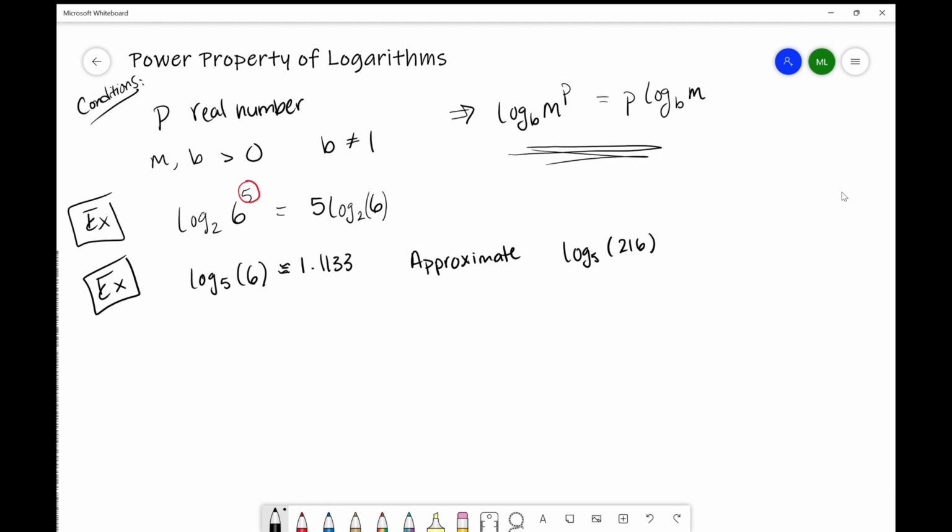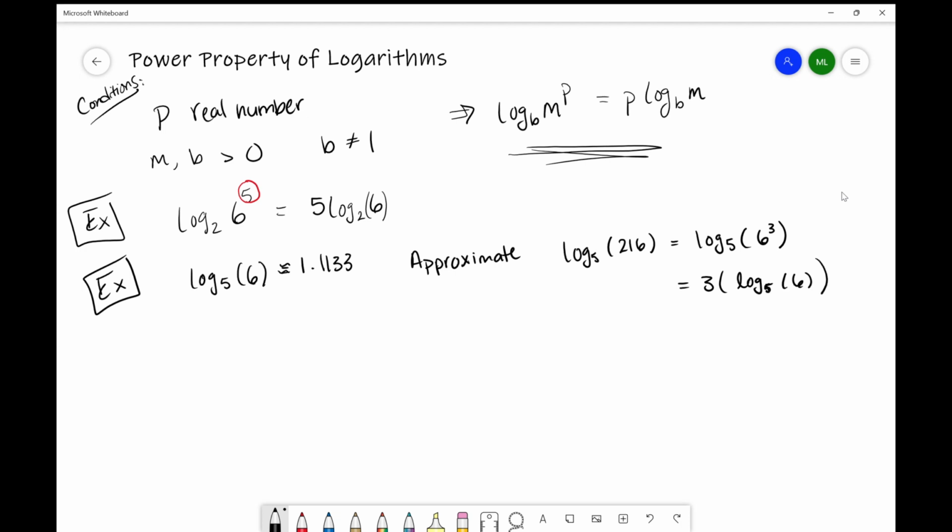Well, 216, I know that's 6 cubed. So this is the same thing as log base 5 of 6 to the power of 3. I can bring the power out, so I have 3 times log base 5 of 6.